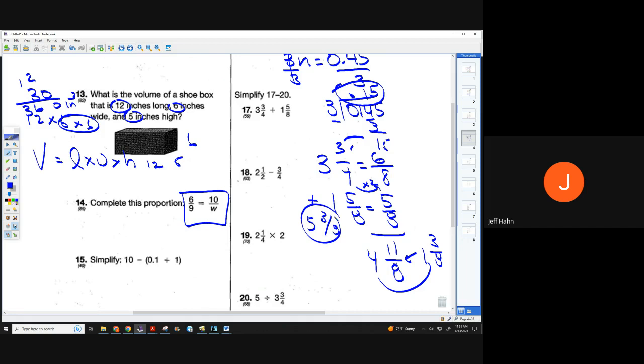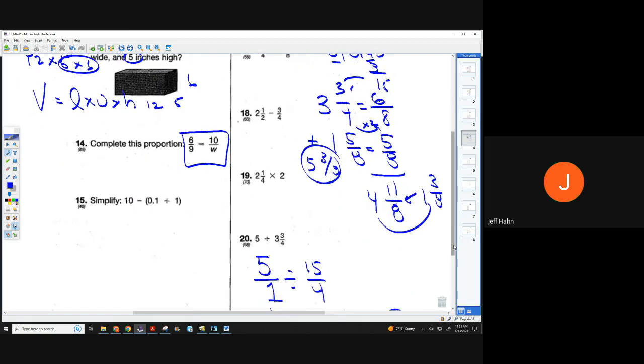Can you do number 19? Sure. Did you make them improper? Can't do it unless you make them improper. 2 1/4 is 9/4, right? Or you make 2 improper, 2 over 1. Cross cancel, the 2 and the 4 can cross cancel. 2 goes into 2 once and the 4 2 times.